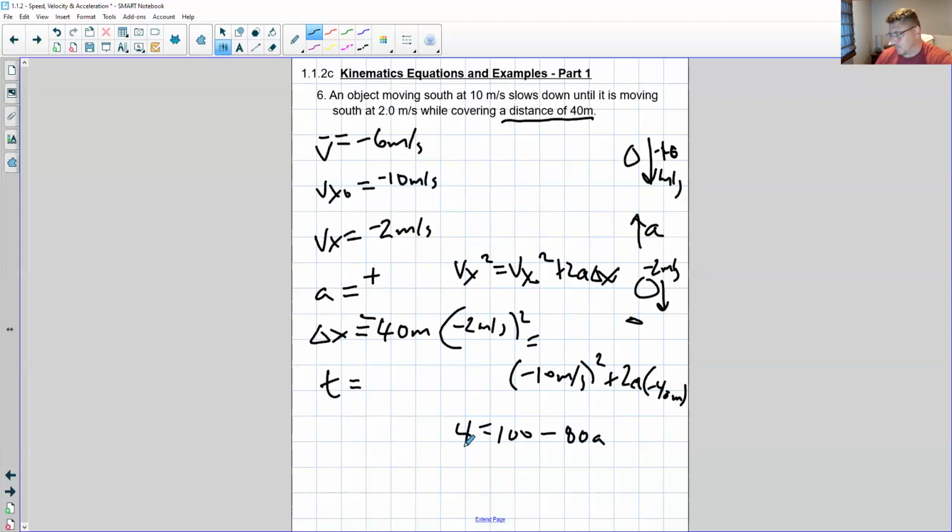So 4 minus 100 is negative 96. Negative 96 equals negative 80a. So a is going to be 1.2 meters per second squared, and note that it does indeed come out positive.